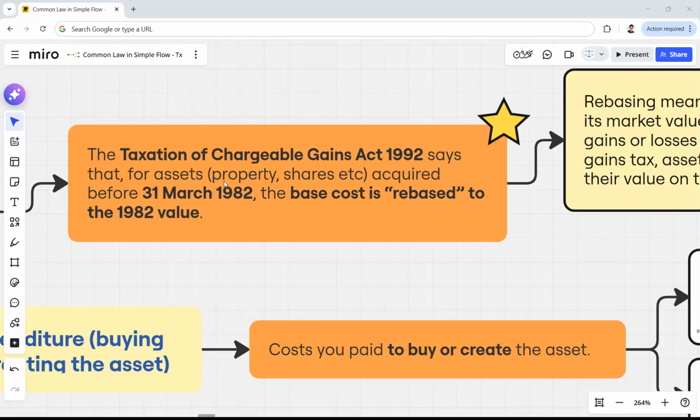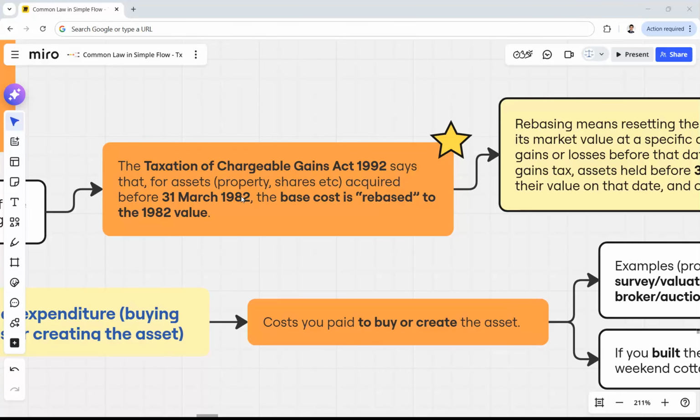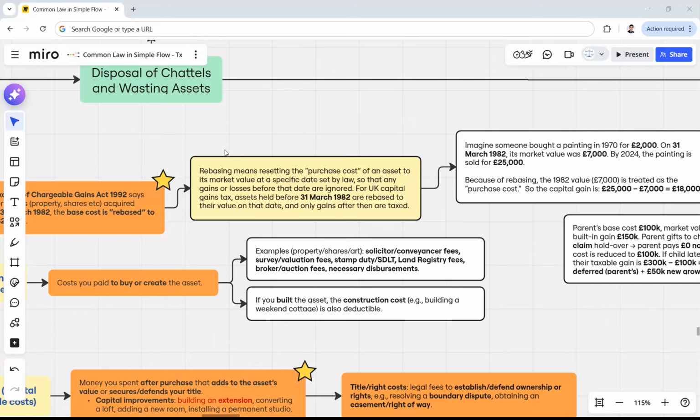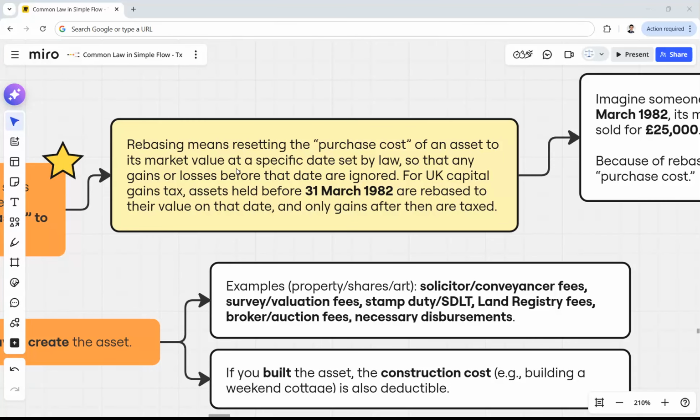So we say how much this £1 apartment cost in 1982, and if it is, for example, 8 million, we then will calculate the gain not from £1 but from 8 million. And there will be more examples for this.